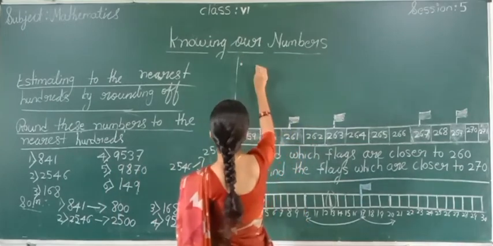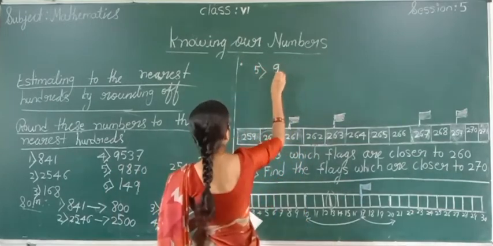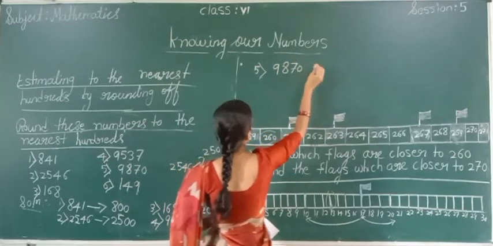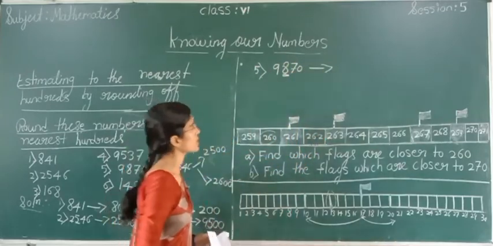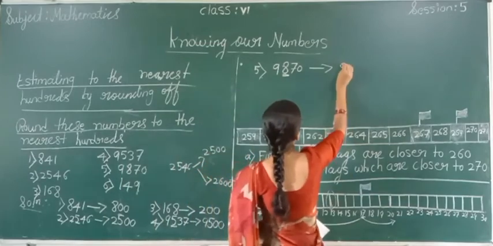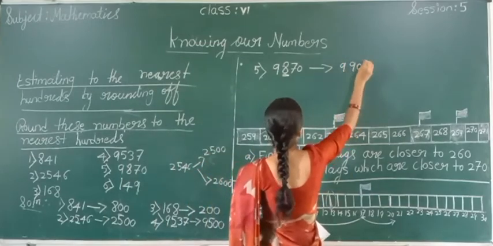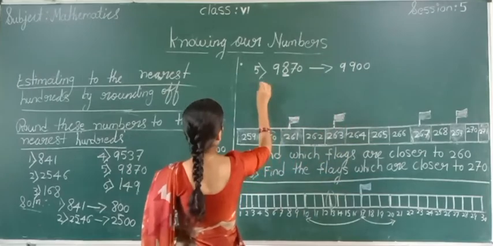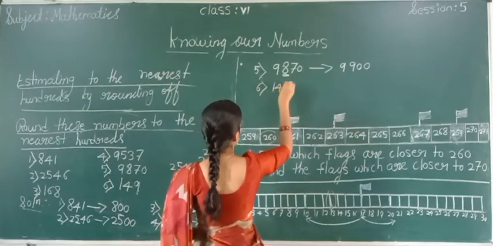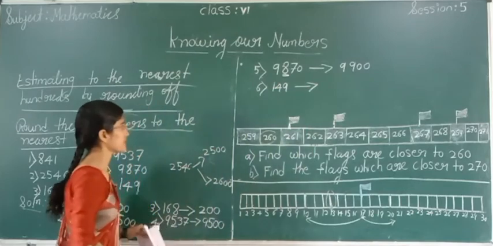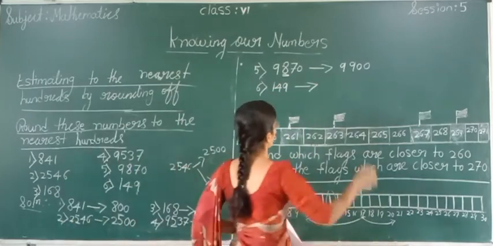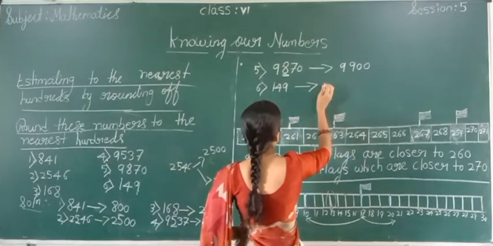Now see here, fifth one, 9870 is nearer to 9800 or 9900. It is nearer to 9900. Then 149 is nearer to 100 or 200. It is nearer to 100.